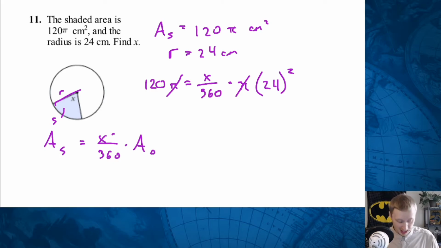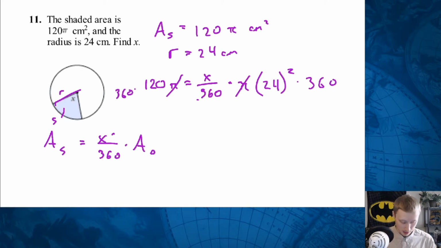So just isolate x. I'm not going to worry about what 24 squared is yet. Don't start multiplying that. Maybe something simpler will come along and we can start reducing things before we have to mess around with multiplying larger numbers. So for example, first thing, x divided by 360. Get rid of that. Multiply both sides by 360.